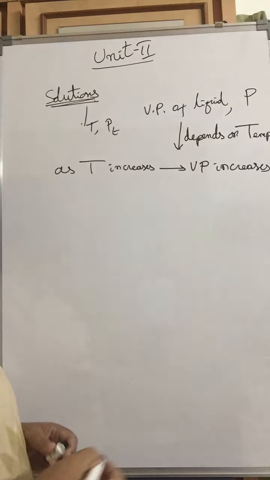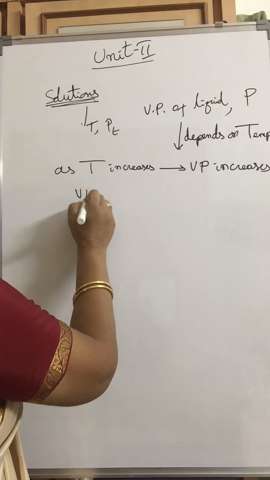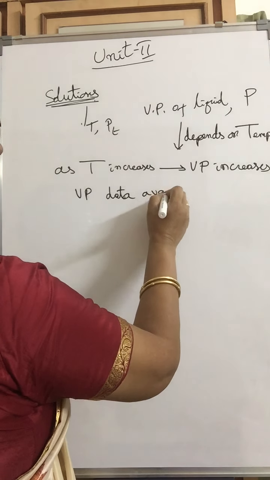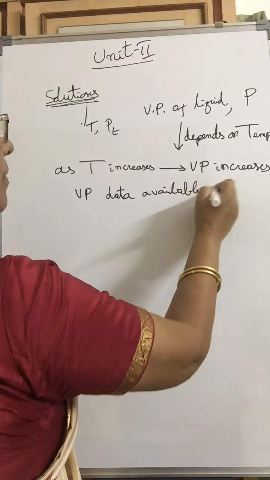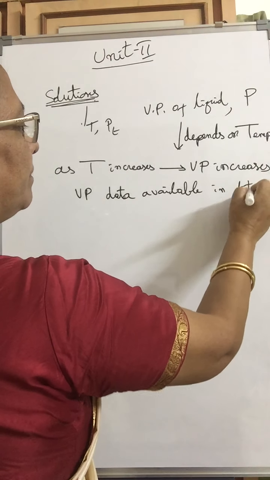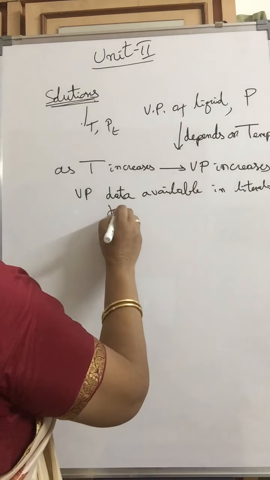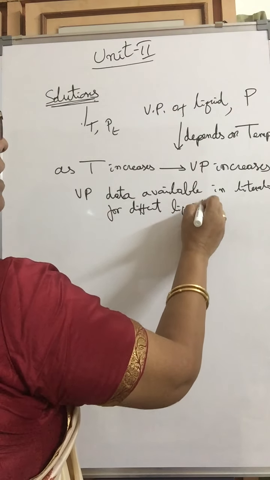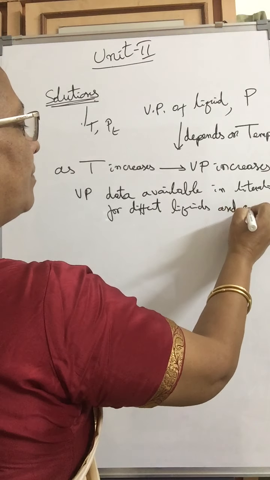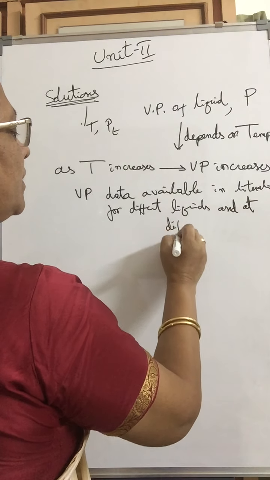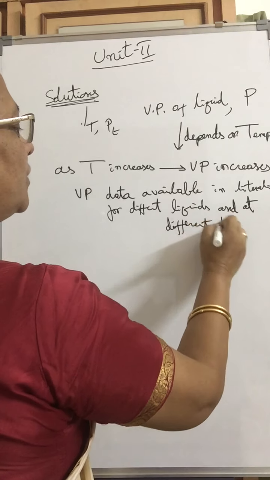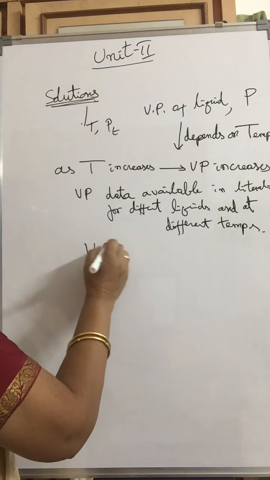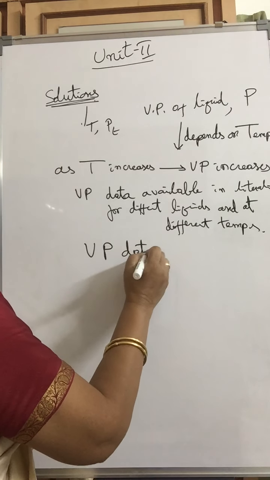Usually in the problems we are going to solve, vapor pressure data is available in the literature for different liquids and at different temperatures. So usually the vapor pressure data will be given in the problem.